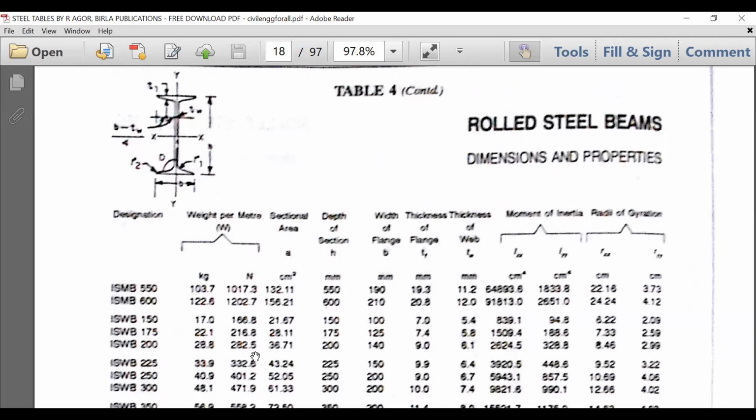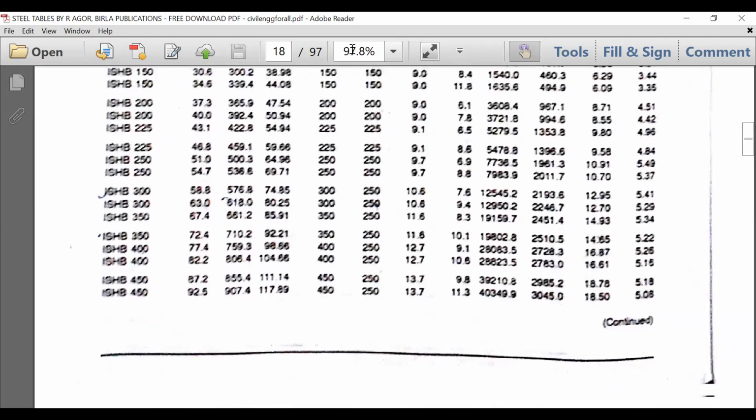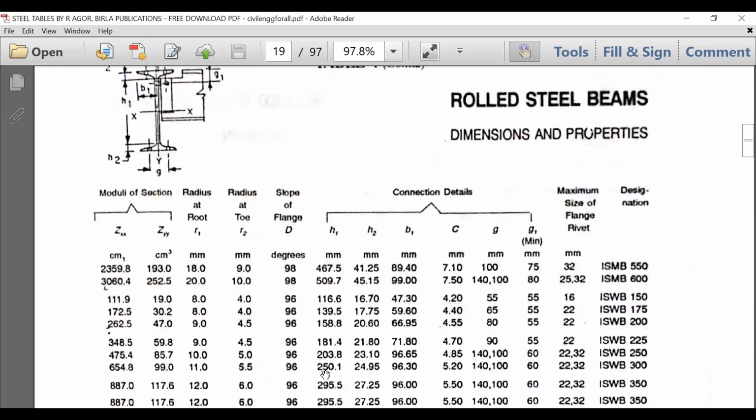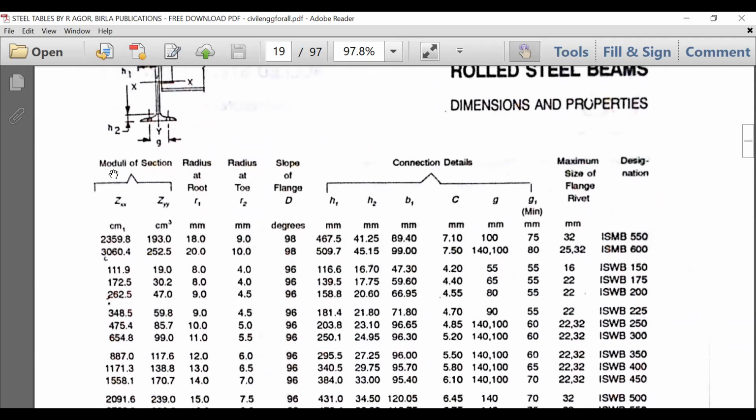Here you can check the designation, weight per meter. On the top you are finding some properties: depth of the section, thickness of the web, moment of inertia, radius of gyration. If you go to the next page, you will have modulus of section, radius at root, that is called R1, and radius at toe, that is called R2. What we need is the radius at root.